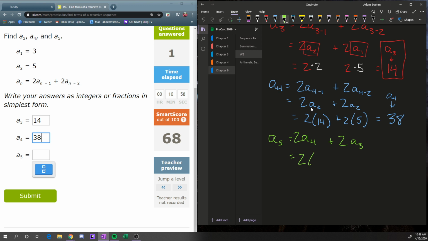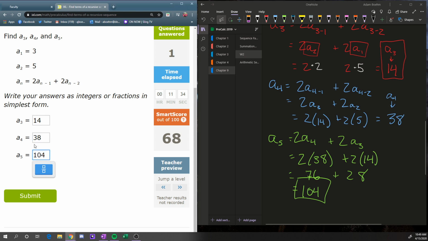So that's 2 times 38 plus 2 times 14. So we get 104. Okay.